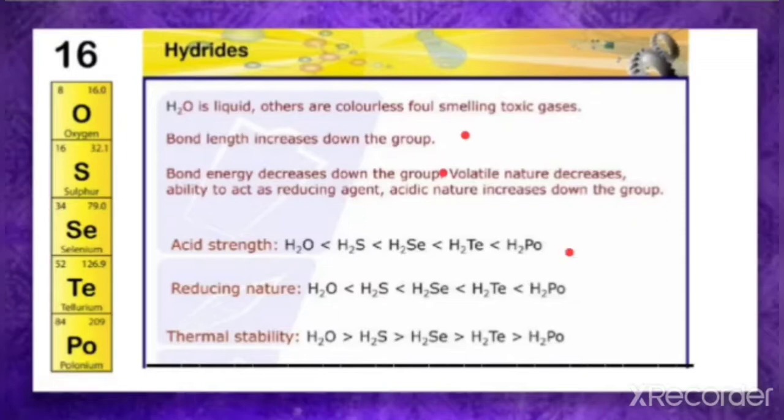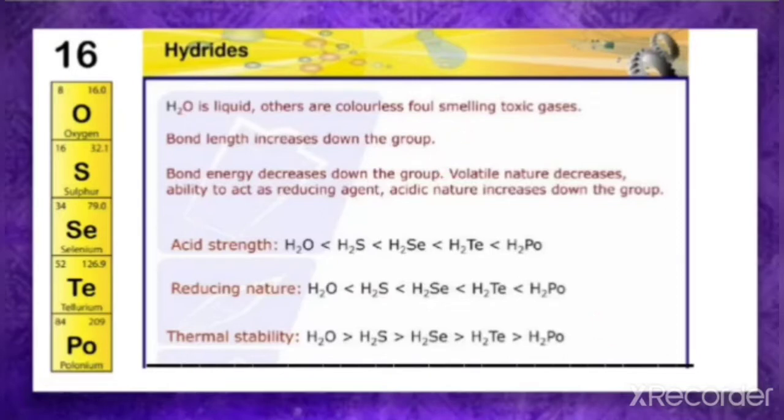The element at the bottom of the group forms the hydride which is more acidic, and the reducing character will be in the same way as the acidic character, but the thermal stability is the inverse of the acidic strength. Why? Because the more stable one does not undergo cleavage of the bond very easily, but in the unstable one the bond cleavage takes place easily.